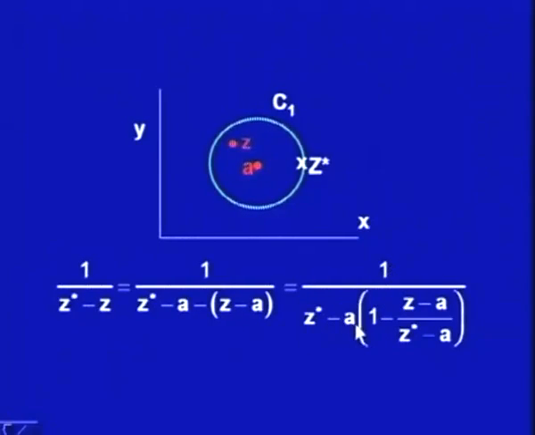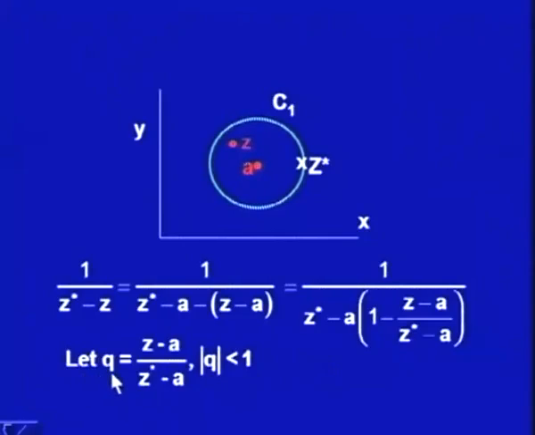From this I can write 1 upon (z* minus a) into 1 minus (z minus a) divided by (z* minus a). So, what I am doing is taking (z* minus a) outside this parenthesis. Now, z is a point inside the circle and z* is on the boundary. That means the distance |z minus a| is less than the distance |z* minus a|.